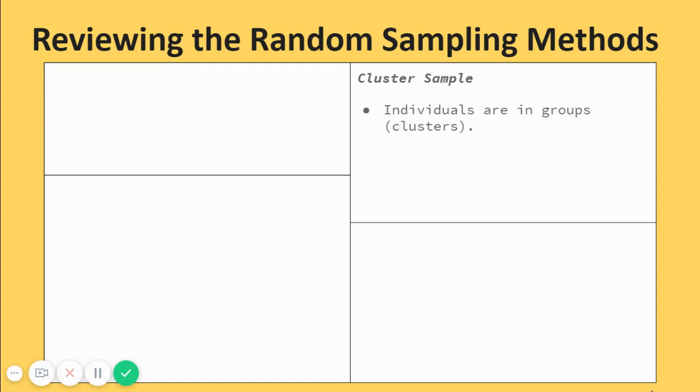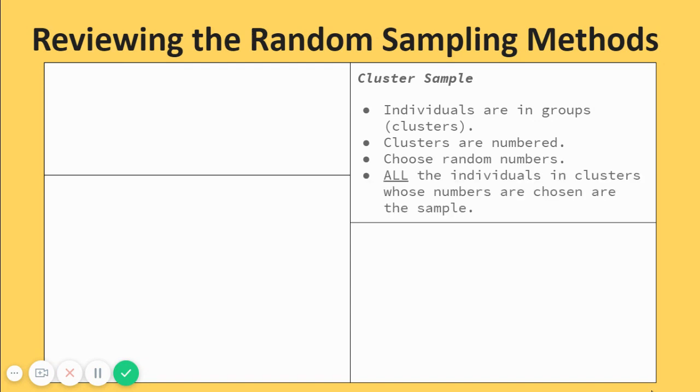In a cluster sample, we divide everybody into groups, we number the clusters, we choose random numbers, and every individual in every cluster that we choose is included.